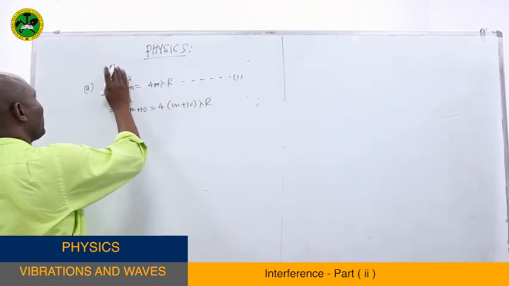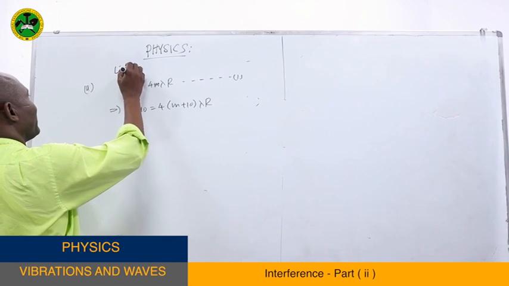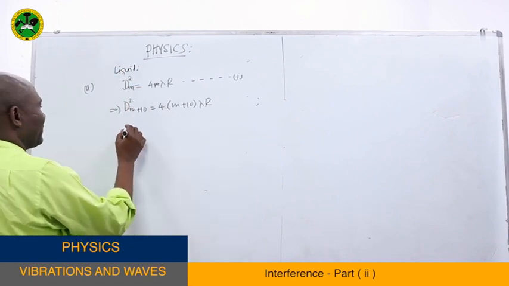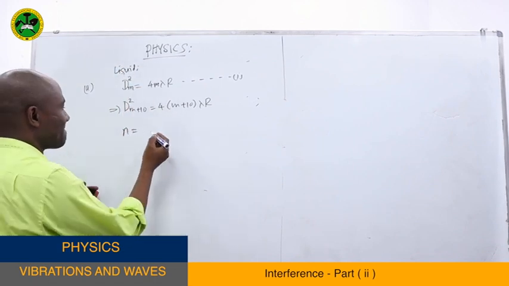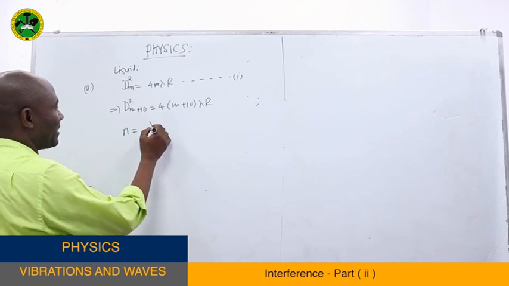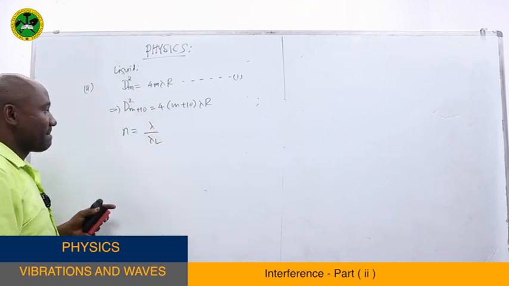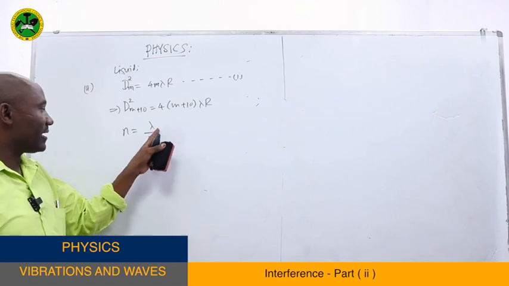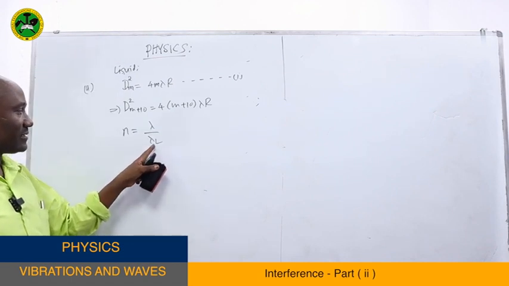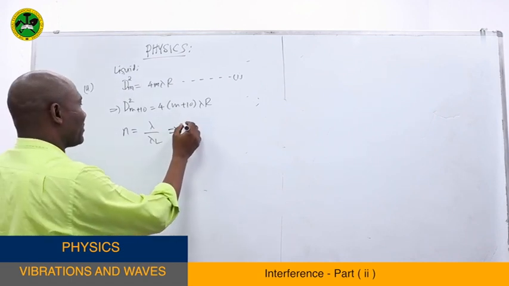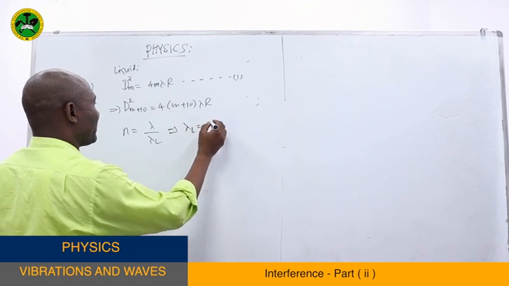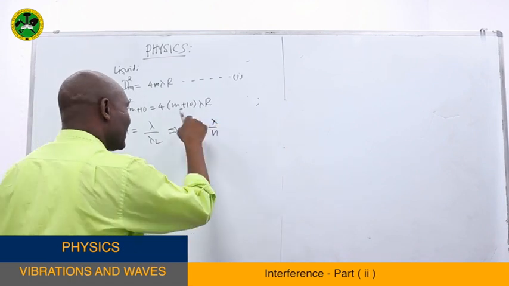We know that the refractive index of the material is given by the wavelength in air over the wavelength in the material. So from there you can find the wavelength in the liquid.